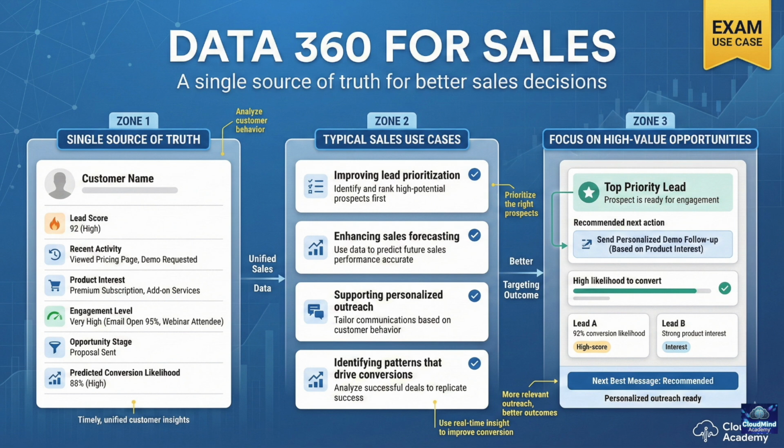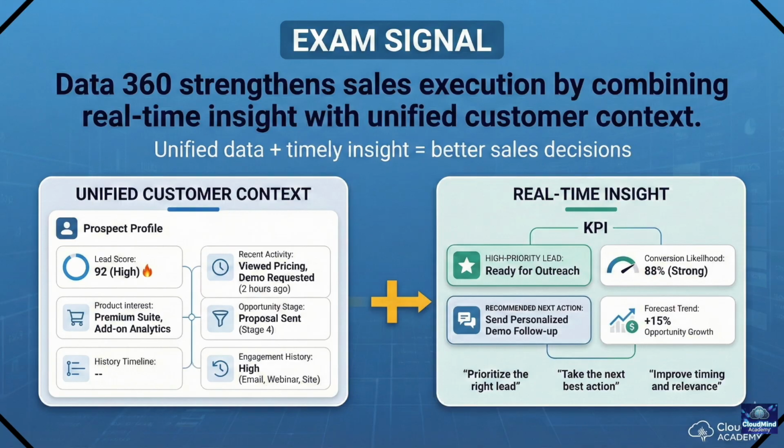Data 360 allows sales teams to analyze customer behavior and identify which prospects are most likely to convert. This helps sales reps focus on high-value opportunities and engage with more relevant messaging. Exam signal. Data 360 strengthens sales execution by combining real-time insight with unified customer context.